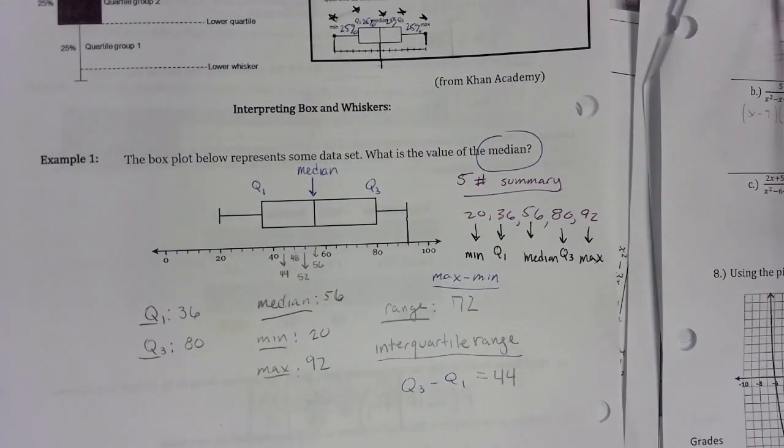Right? So when you're looking at that here, notice the 20 and the 92 are the very ends of it, right? 36 and 80, the ends of the boxes. 56 is in the middle.